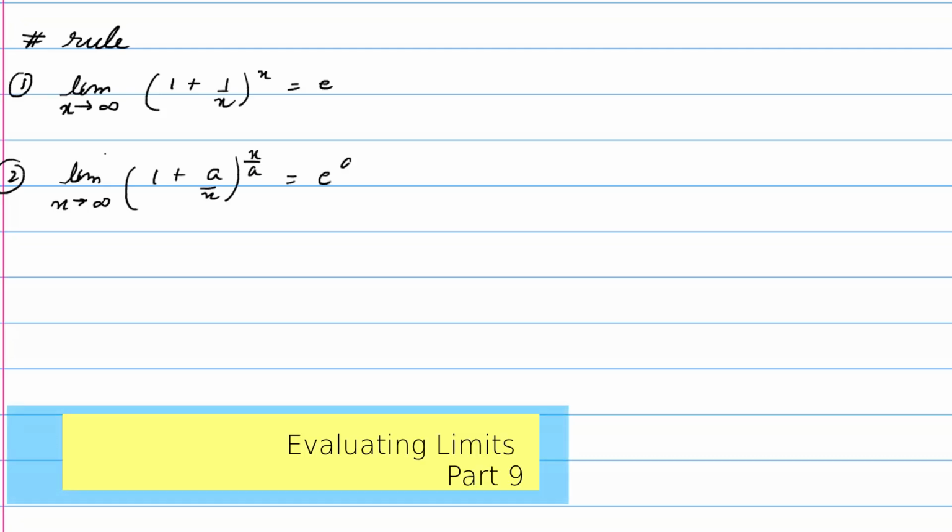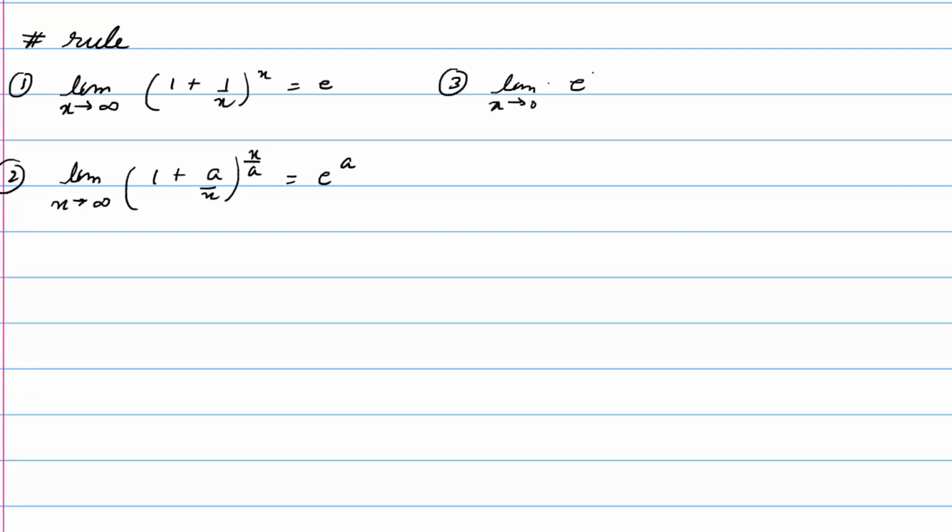Limit x tends to infinity, (1 plus 1 over x) raised to x is e. Then you also have limit x tends to infinity, (1 plus a upon x) raised to x upon a, that is e raised to a. And then limit x tends to 0, (e raised to x minus 1) upon x gives you 1.